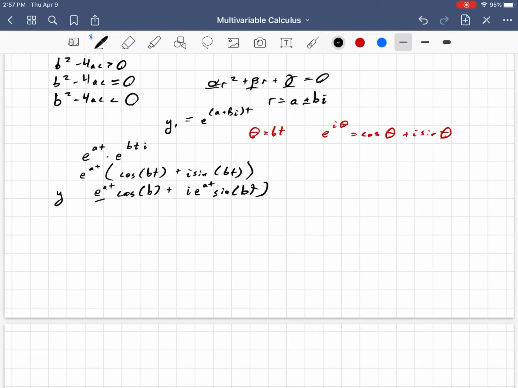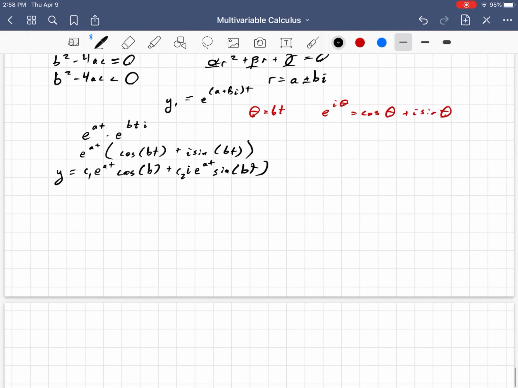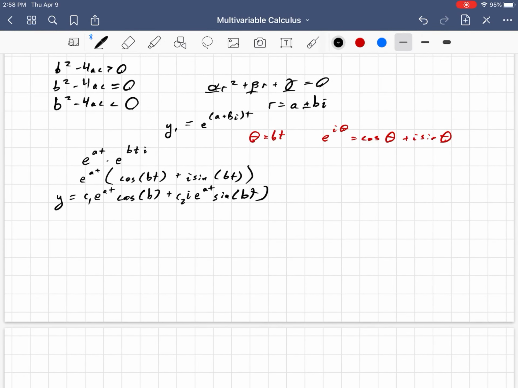And now, technically, the most general solution, y, would be a linear combination of these two building blocks. So in other words, y would be equal to c sub 1 e to the at cosine of bt plus c sub 2 i e to the at times the sine of bt. And this is, in fact, the most general solution.